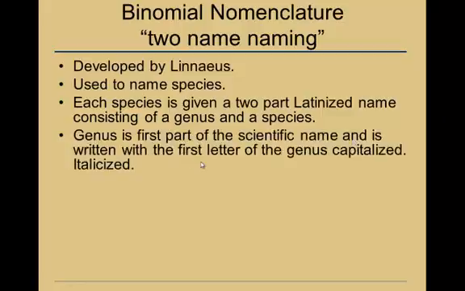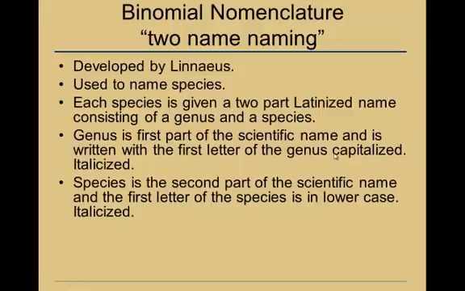The genus is the first part of the scientific name. It is capitalized and it is italicized or underlined. Species is the second part of the scientific name, and the first letter is lowercase, and it also is italicized or underlined.